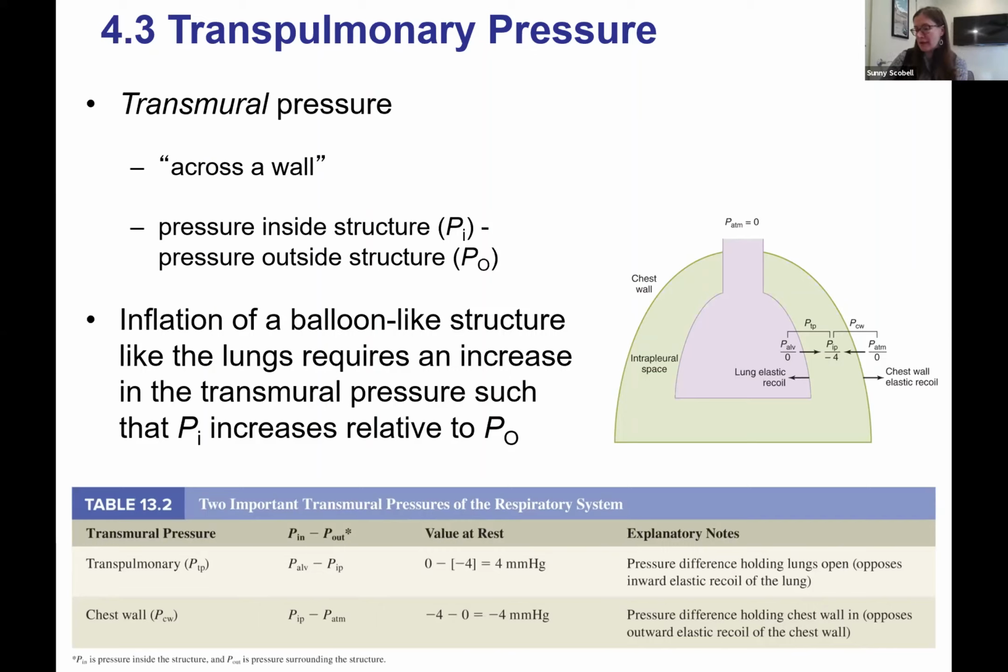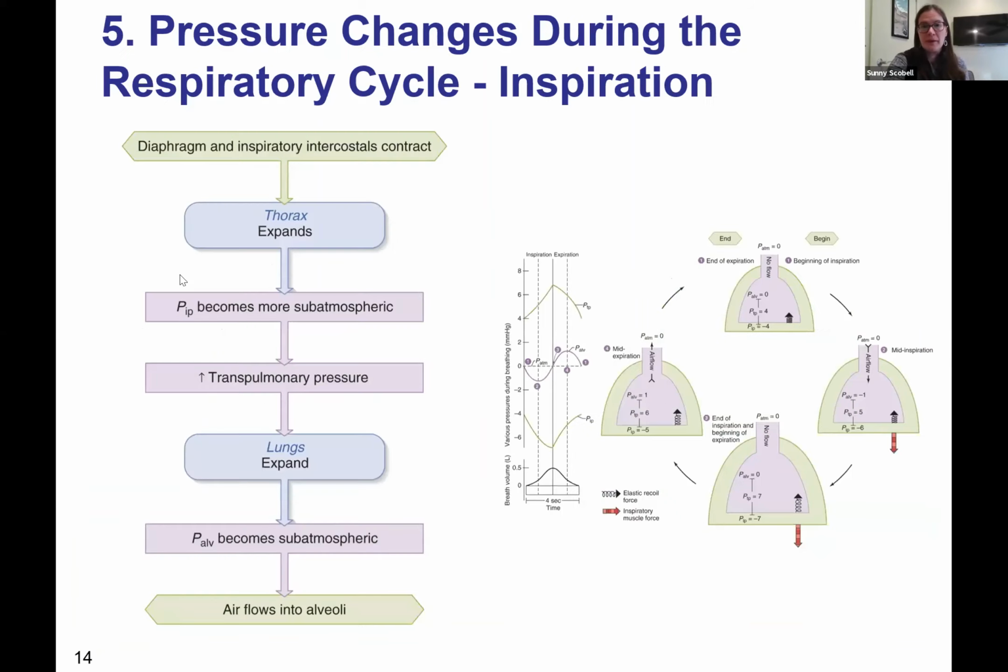Because what we're going to do now is start putting this together in the inspiratory and expiratory cycles, okay? So these figures in your book, this figure has a lot of information in it. We're going to walk through this flow chart. And then I want you to think about all of the things that are going on in this diagram over here.